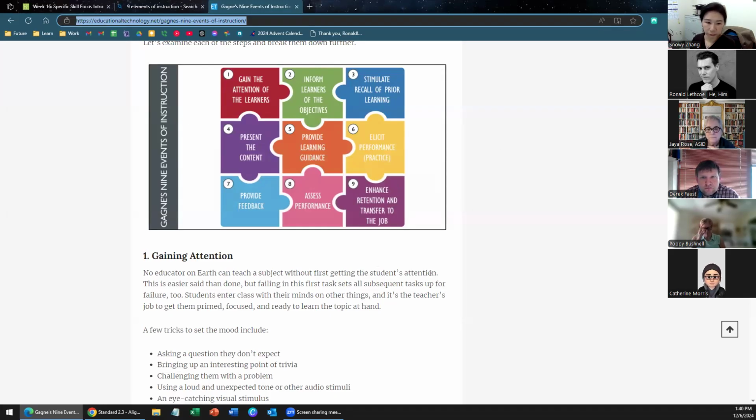I can't remember what unit or what level it was in, but this was, as Derek was explaining, stimulating the recall of prior learning. Just for those that don't know about the Gagne's 9 events, it's the general flow of a lesson, a nice step by step if you want to have a successful lesson. I try to do this as much as I can.